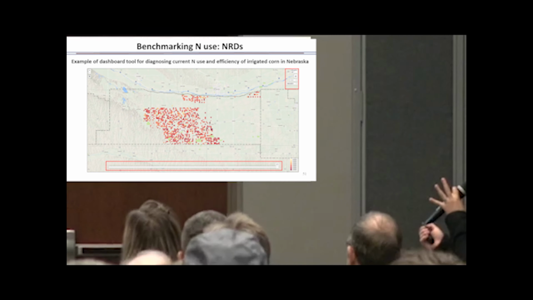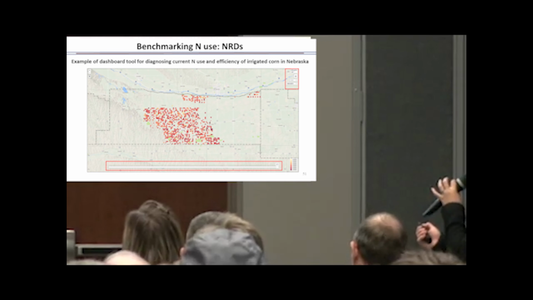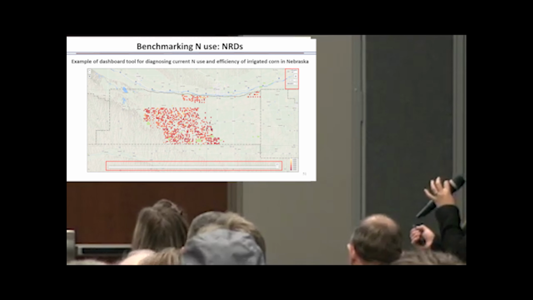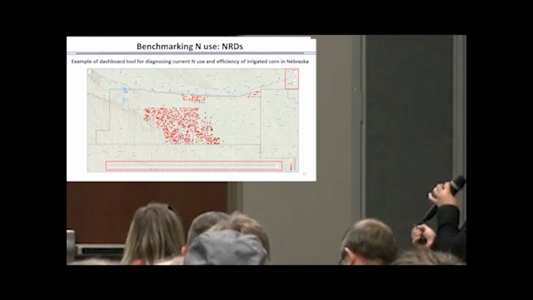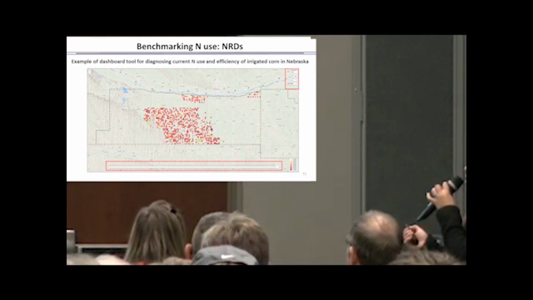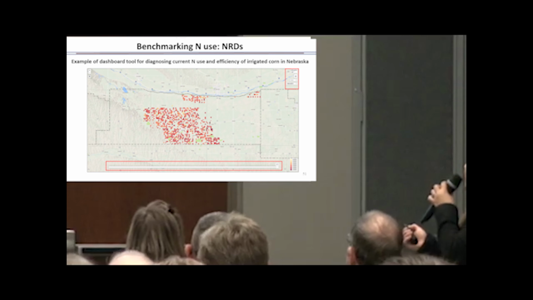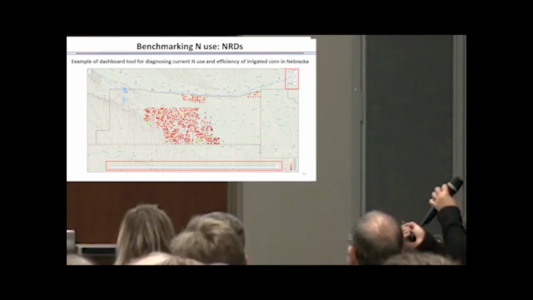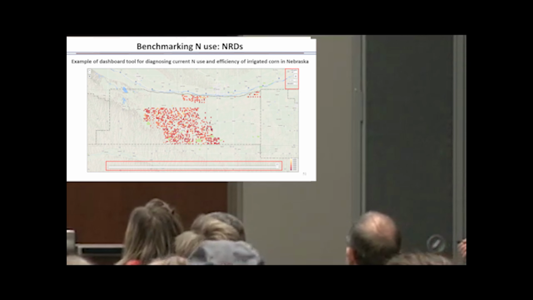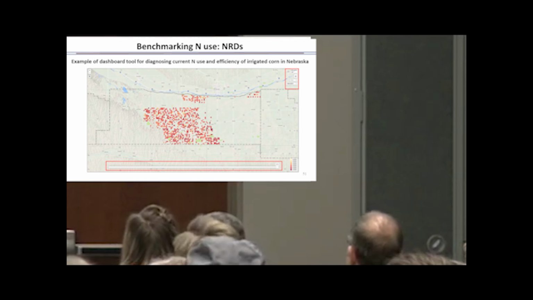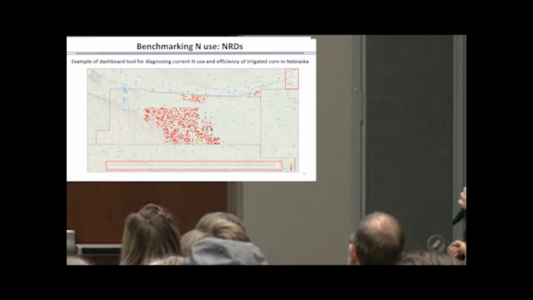For example, they could pick only the fields that sowed corn or that sowed soybean, and also they could pick the water regime. They could change it to fields that were irrigated or fields that were rain-fed. For now, I'm showing here the irrigated corn fields in this specific NRD in Nebraska.